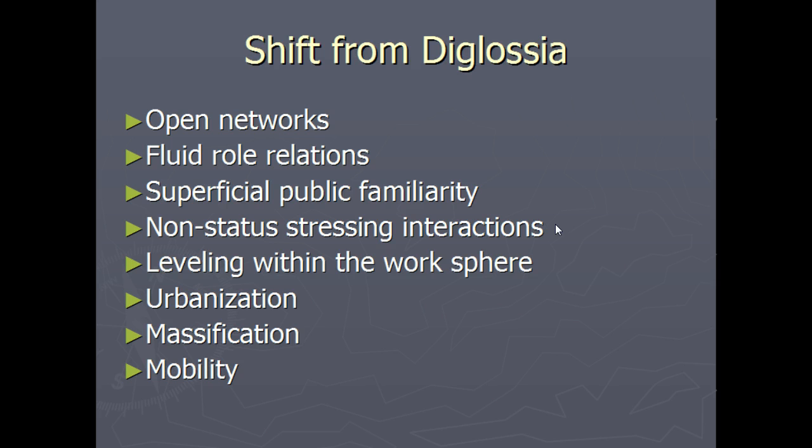The increase in open networks, the ability to cross social boundaries, also leads to a shift from diglossia. Additionally, in fluid role relationships, so for example, if someone is a boss in one context, a worker in another context, a soccer teammate in another, these different role relations lead to a shift from diglossia.